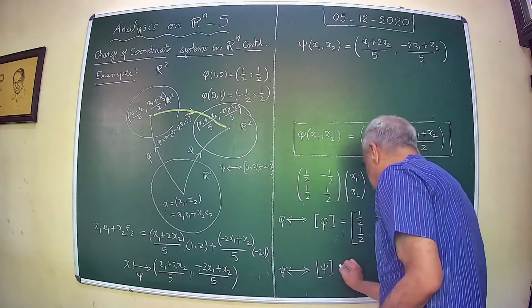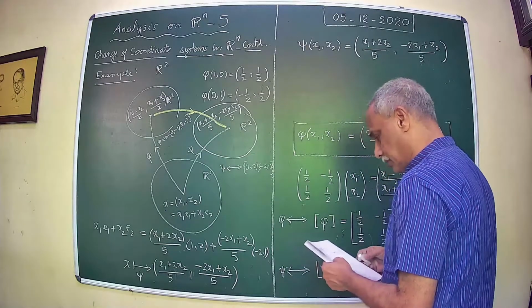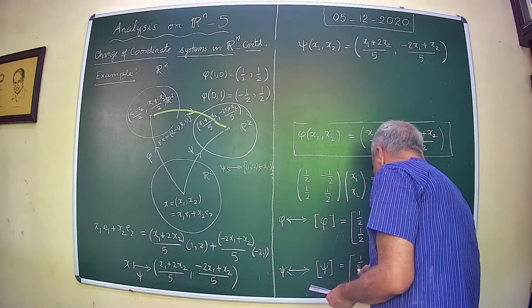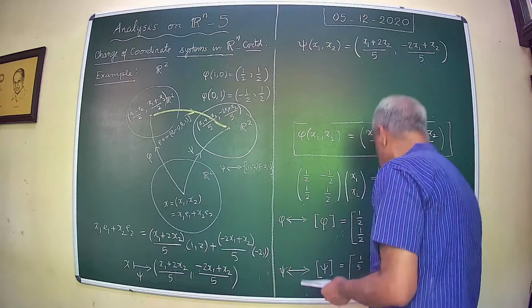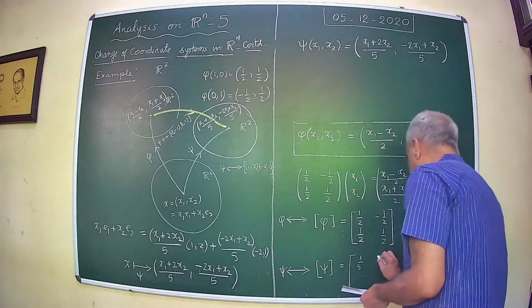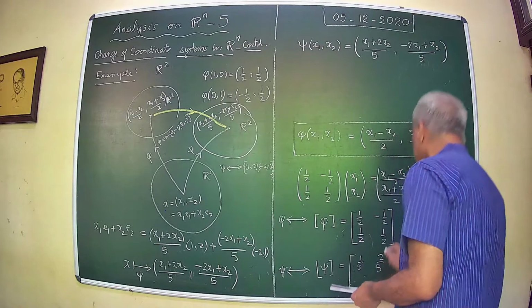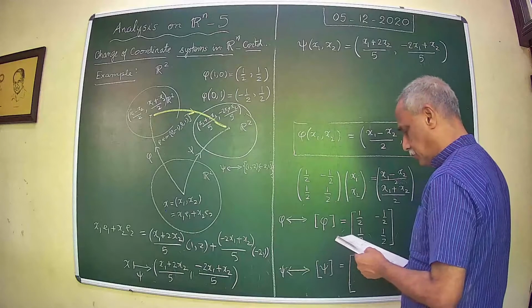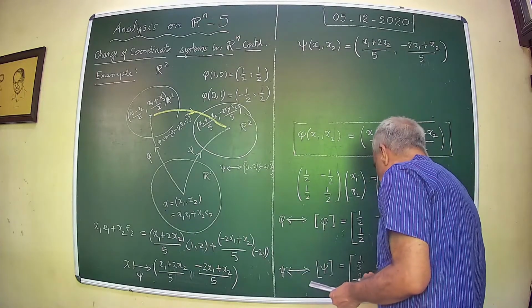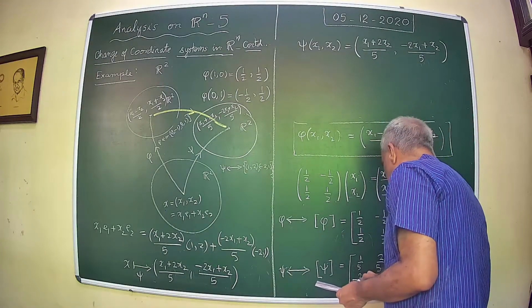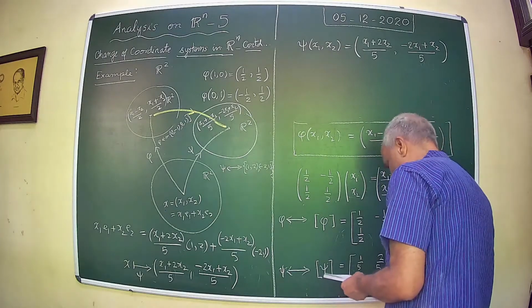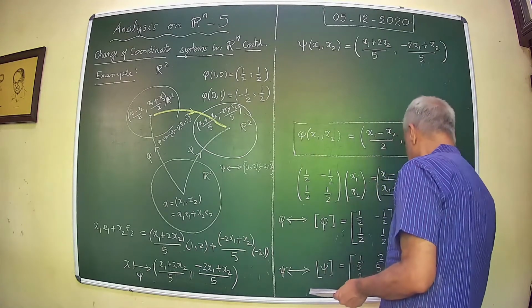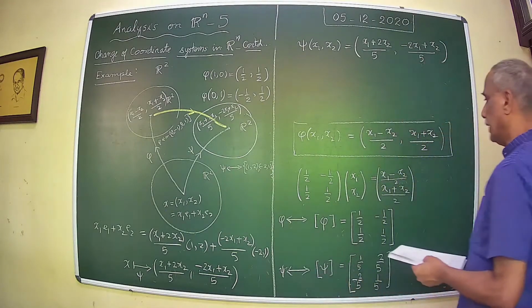It's quite easy to work out: the matrix has entries 1/5, 2/5, -2/5 and 1/5. The action is this.